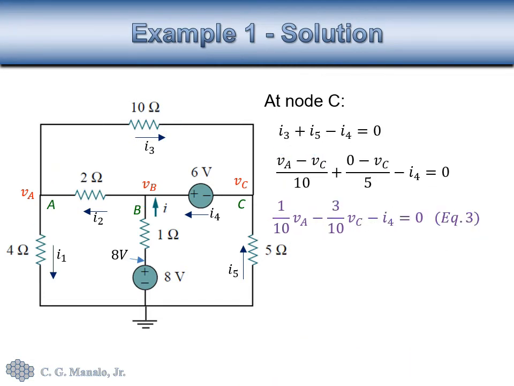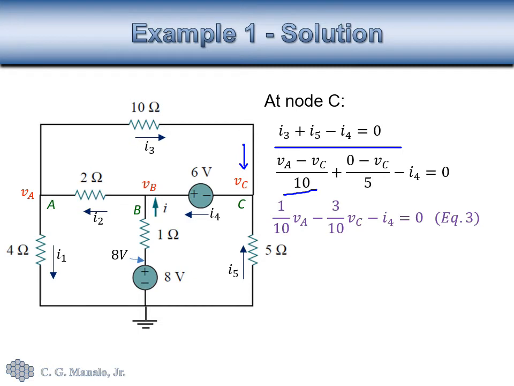For node C, this will be our KCL equation. Take note that the current here is also I sub 3. And replacing the currents by the potentials, for I sub 3, that should be this one, the same one that we got earlier.